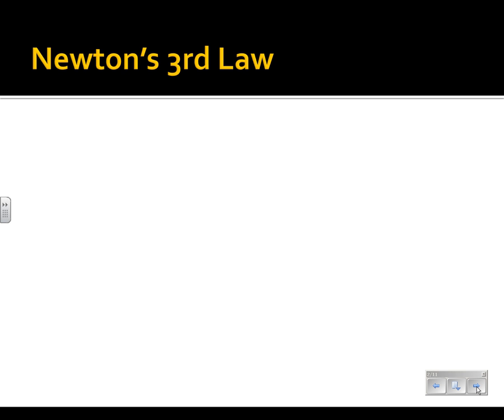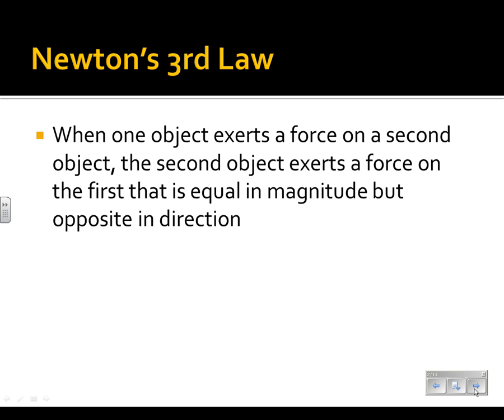So, Newton's third law. Newton's third law is written as such. When one object exerts a force on a second object, the second object exerts a force on the first that is equal in magnitude but opposite in direction. That's how we write it in words. Most of you have probably heard it a different way. Most of you have probably heard it in the form of, for every action, there is an equal and opposite reaction.